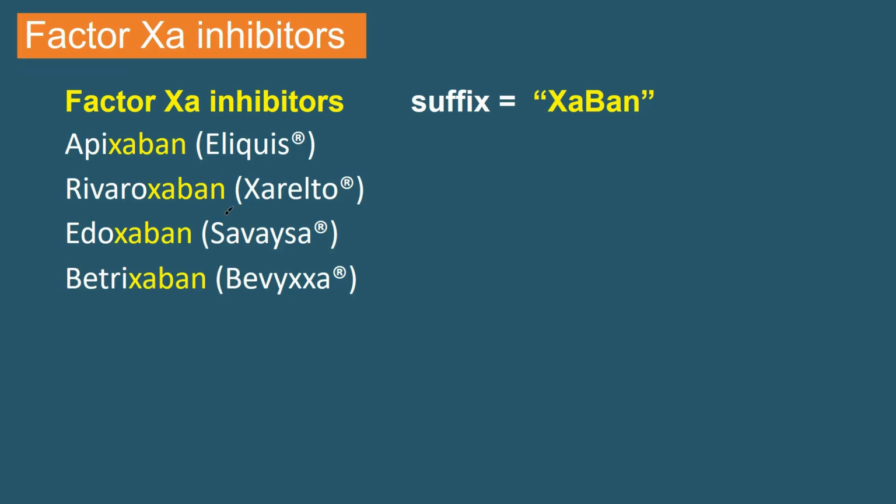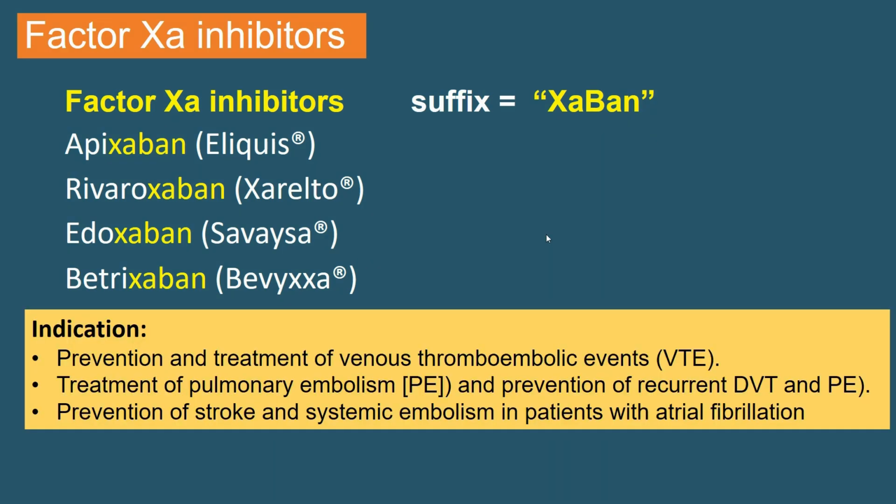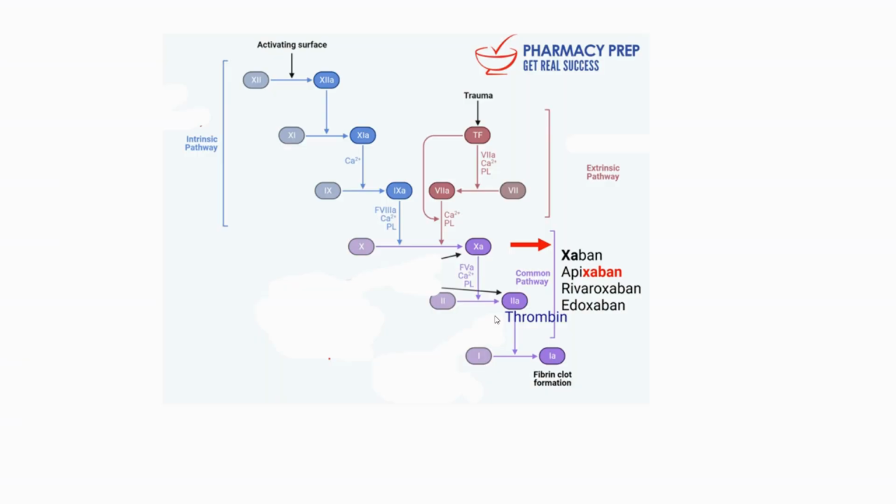Apixaban is Eliquis, rivaroxaban is Xarelto, and edoxaban is Savaysa, whereas betrixaban is Bevyxxa. These factor 10A inhibitors are oral therapies, also primarily used for treatment and prevention of venous thromboembolism, treatment of pulmonary embolism, and also prevention of stroke and systemic embolism in patients with atrial fibrillation.